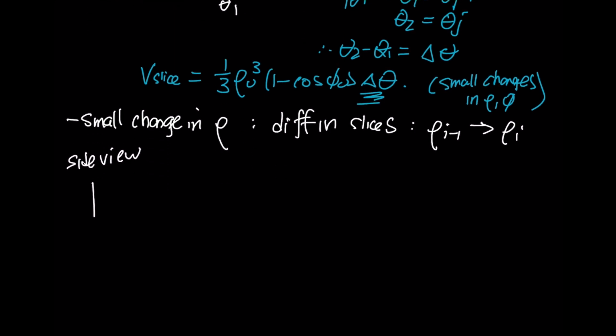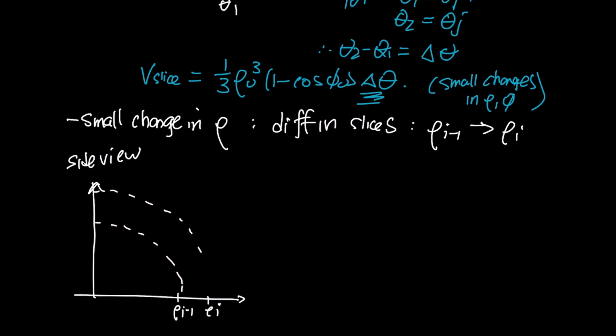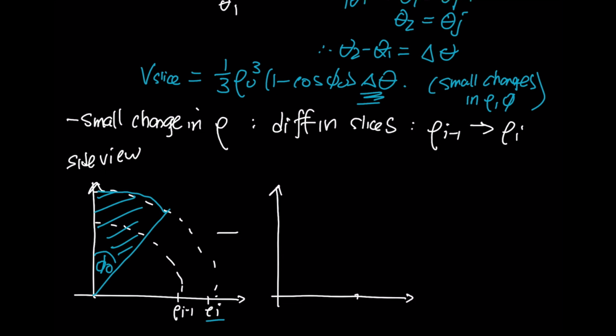Now, it's easiest if we talk about this in our side view. Here is rho i minus 1. Here is rho i. So if we had a slice that lived at rho i, we've got our fixed angle phi naught like this. If we now subtract from it a slice that lives at radius rho i minus 1, a slice at the same angle phi naught, that slice has that particular volume.